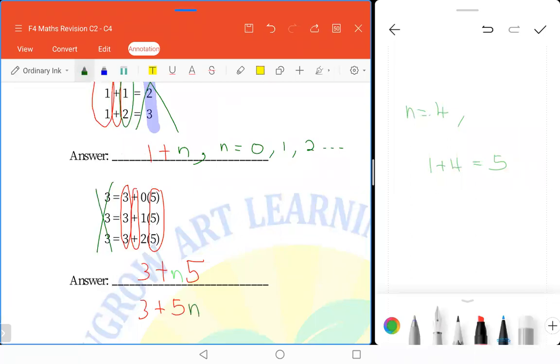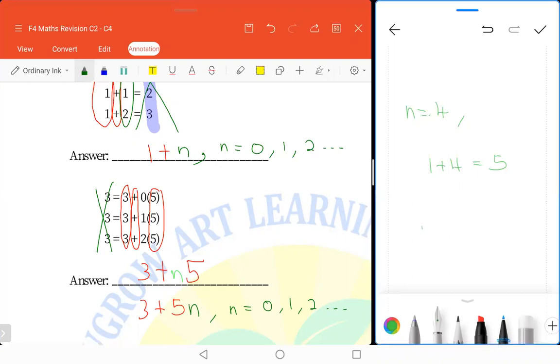So we change it to 3 plus 5n, the formula in general, and let people know your n equal to 0, 1, 2, dot, dot, dot. Okay. So n over here means n term. N term means the position. Which term is it? The position.